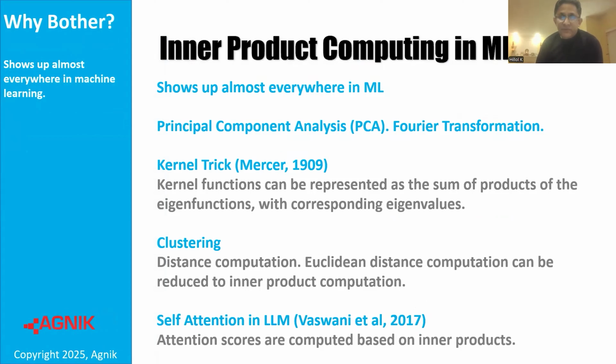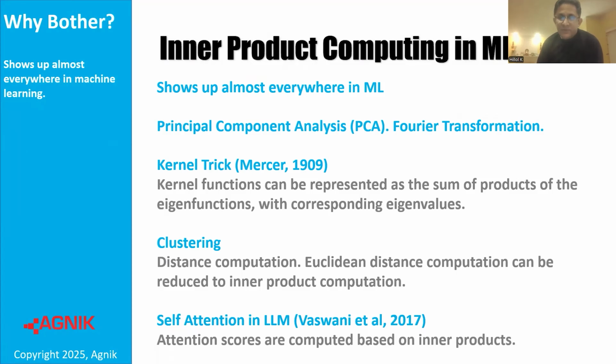For example, if you're trying to compute Euclidean distance, it can be easily posed as an inner product computation problem. So it's important for that. And distance computation is used in clustering, outlier detection, you name it.